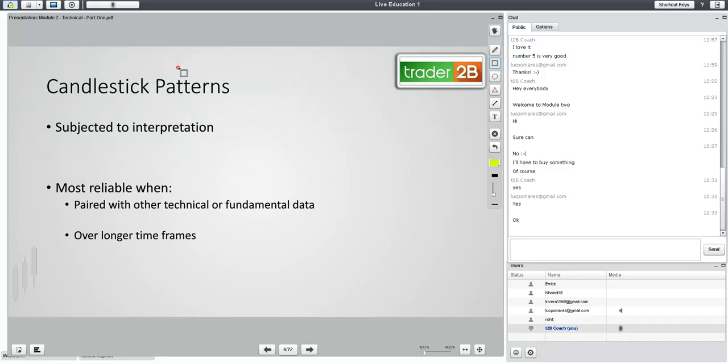So candlestick patterns, FYI, guys, are subject to interpretation. This is a very important point that you must absolutely understand: the market is very open to interpretation. My interpretation may not be the same as your interpretation. So when we're looking at candlesticks, candlestick patterns, and support and resistance levels, it is open to interpretation. It's important you understand that the market is all perception based.